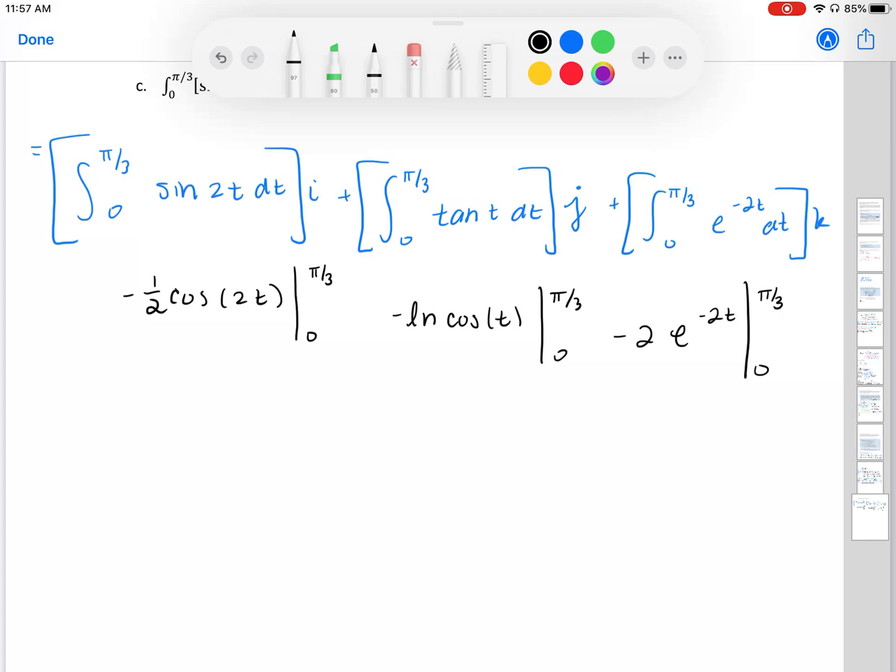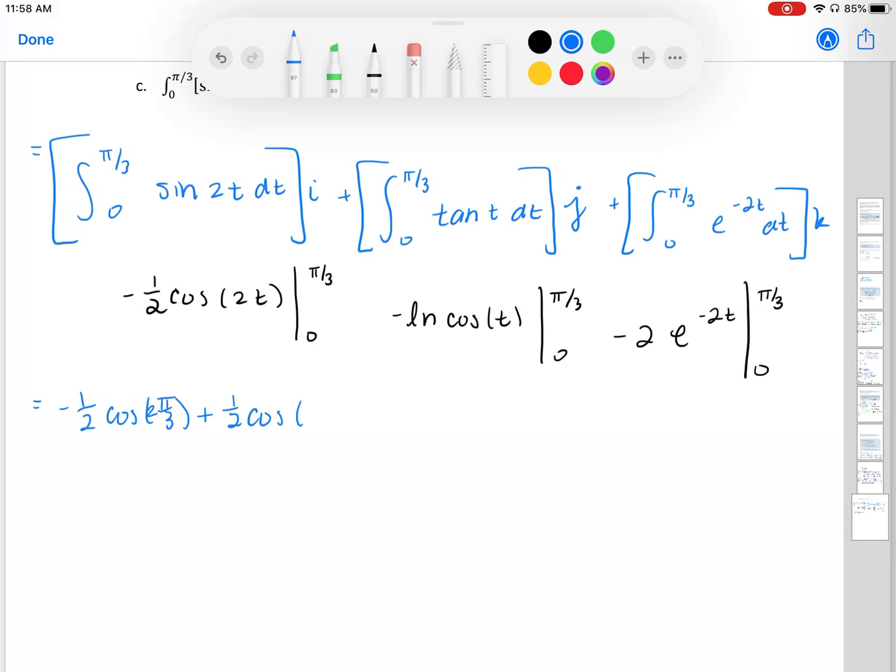Now we just need to plug in our boundaries. So we have negative 1/2 cosine at 2 pi over 3 minus negative 1/2, so I'll write a plus 1/2 cosine of 2 times 0. I forgot that 2 in the first one; it's 2t, right?